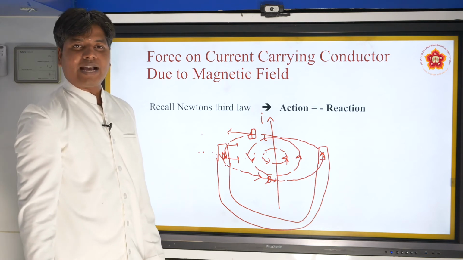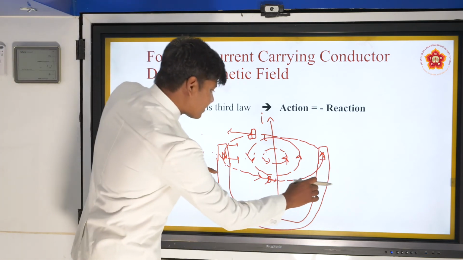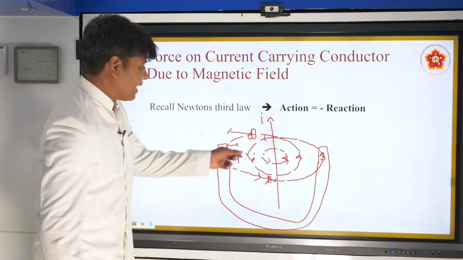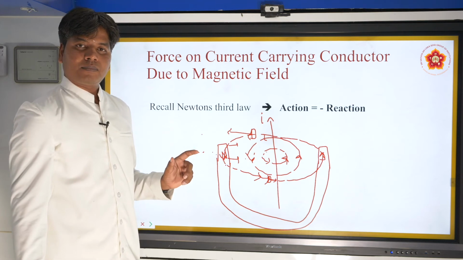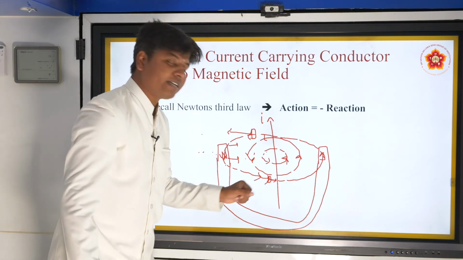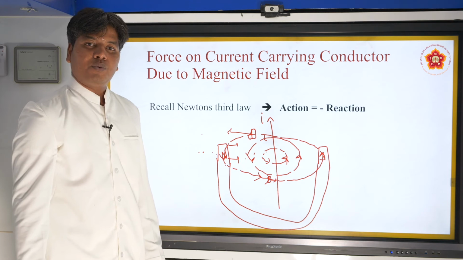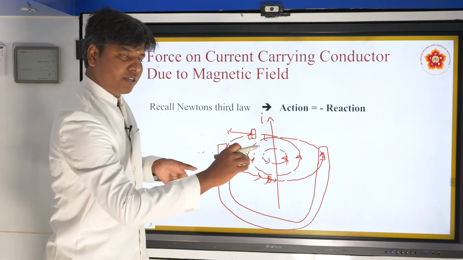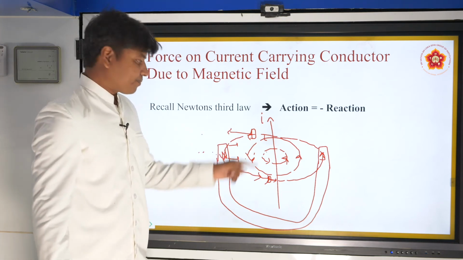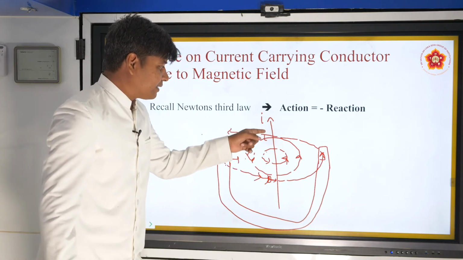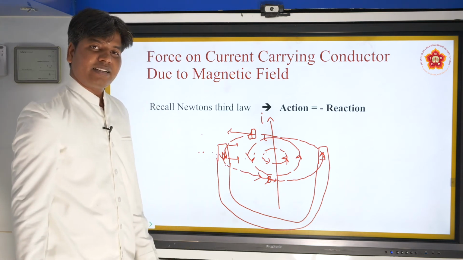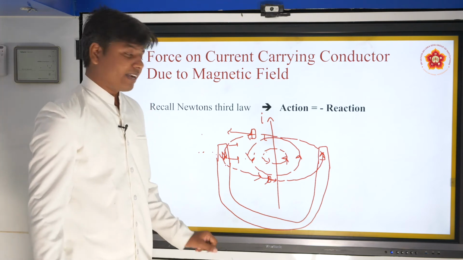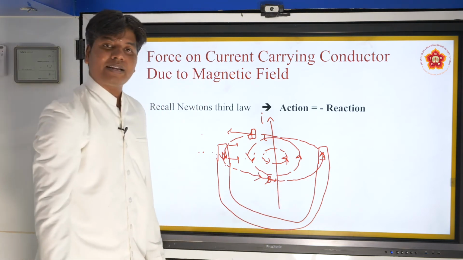If you call that the action, now make this bar magnet steady and leave this conductor. How will the force on this conductor behave? What will be the direction? If the bar magnet is moving out due to the force exerted by the current carrying conductor, what will be the force experienced by the current carrying conductor due to this horseshoe magnet?